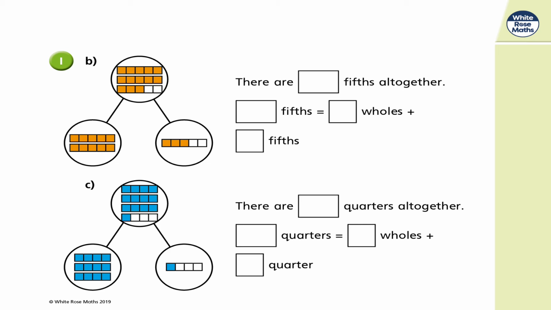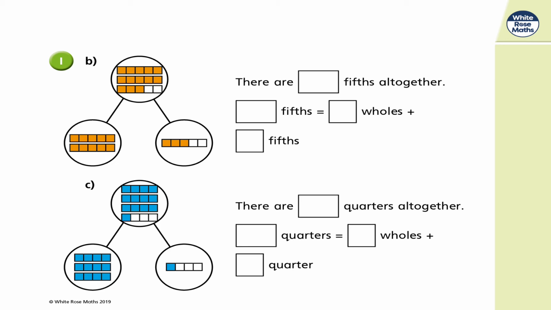So there are 13 quarters altogether. So 13 quarters is the same as how many quarters? 4, 8, 12. And so that's how many whole ones? 1, 2, 3. Okay, so it'll be 3 wholes and 1/4.